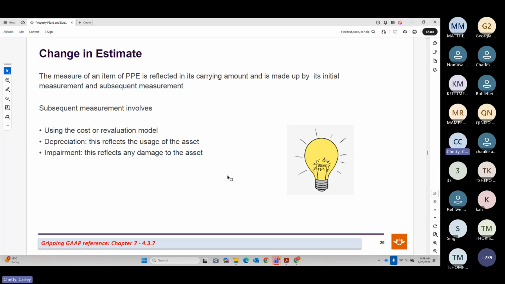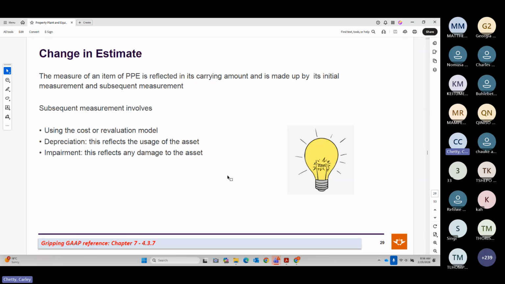When we have an item of PPE, the measure of that item is reflected in its carrying amount, and it's made up of its initial measurement and subsequent measurements. Subsequent measurement involves using the cost or revaluation model, the depreciation, and any impairments.